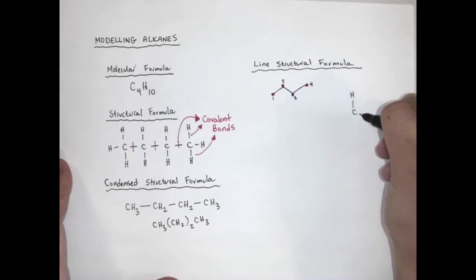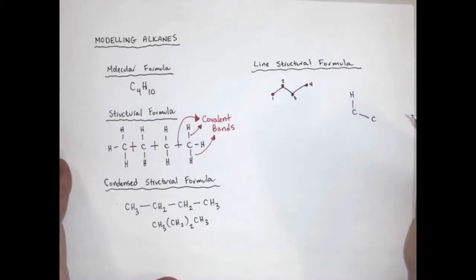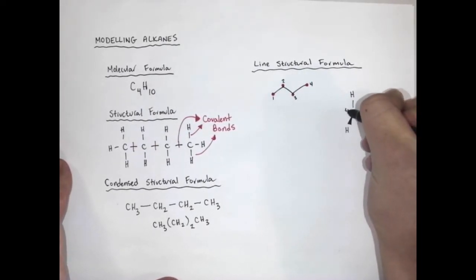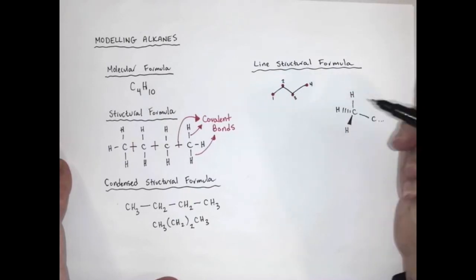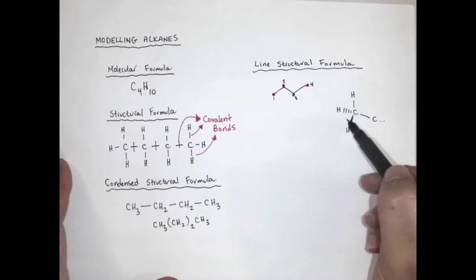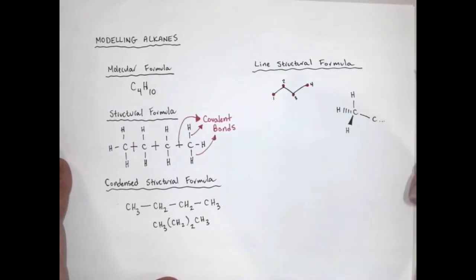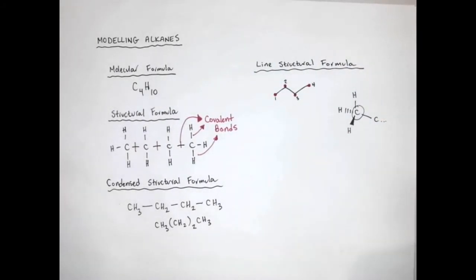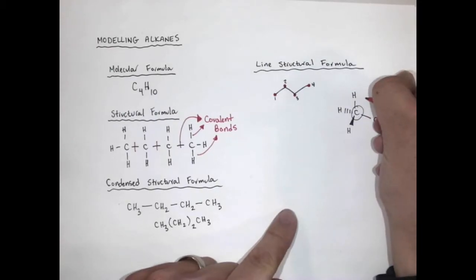It's going to be bonded to another carbon, and then the rest of the molecule. But then it also has bonds to 2 other hydrogens, which are actually in 3 dimensions. And this carbon is in the tetrahedral geometry.